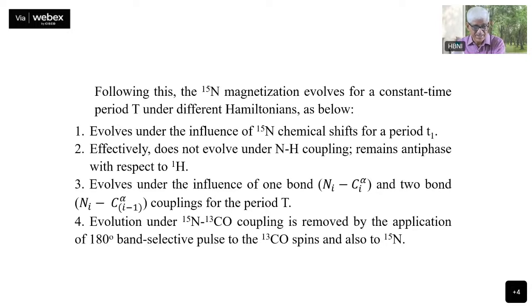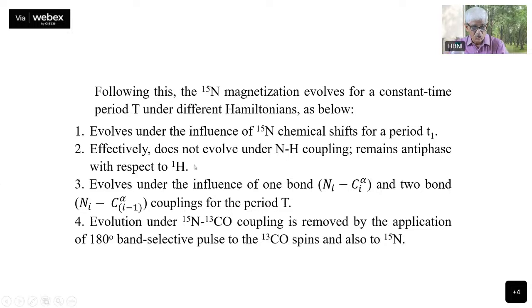Following this, from time point A, the nitrogen magnetization evolves for a constant time period T under different Hamiltonians as below. What all things happen? First of all, the nitrogen magnetization evolves under the chemical shift for a period T1. During the period T1, chemical shift evolution of nitrogen happens.